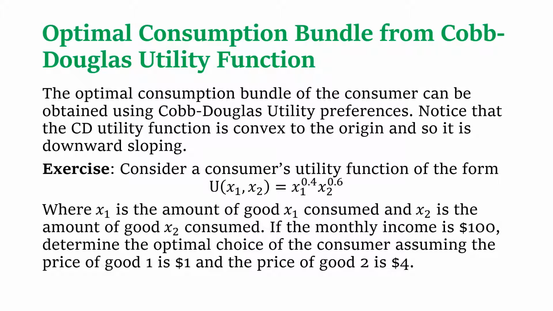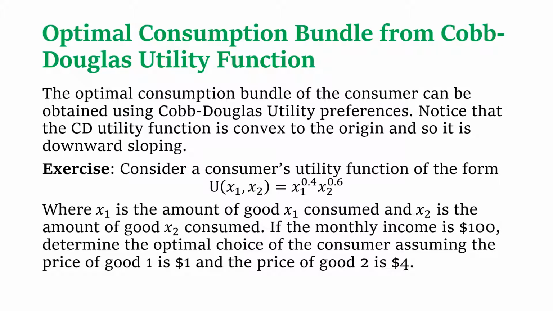So let's say you want to differentiate this utility function with respect to x1. You are going to multiply this entire equation by 0.4. But remember, you are taking 1 from the power. So it is 0.4 times x1 to the power 0.4 minus 1. Remember, 0.4 minus 1 is just what?